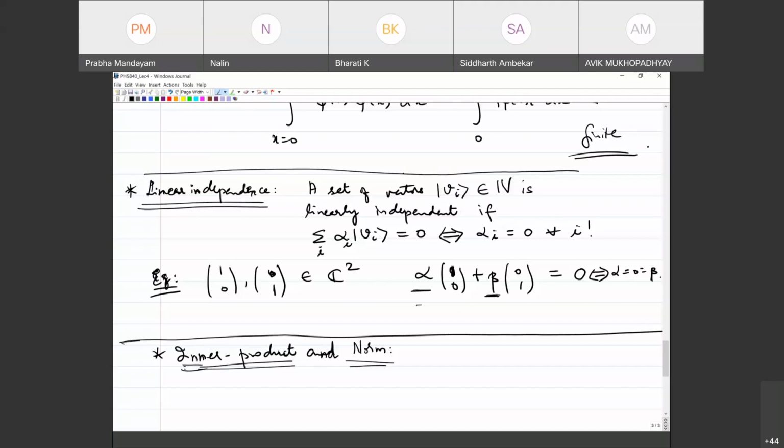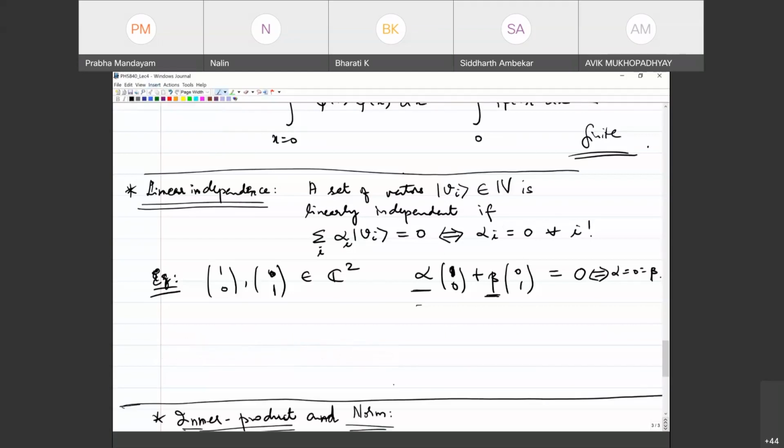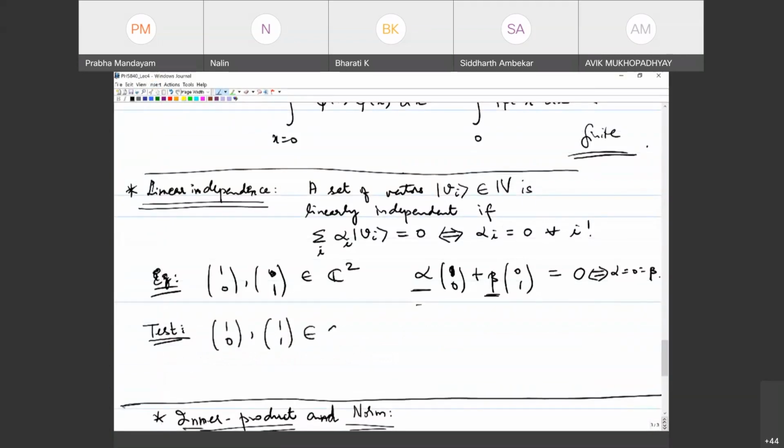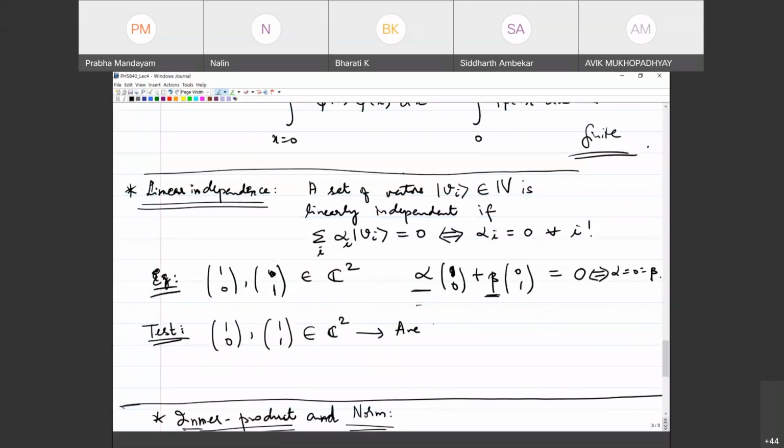But let me give you one more example. Here's a quick test for you. You can answer me by the end of this class. Consider these two vectors, (1, 0) and (1, 1), belonging to C2. With two vectors, it's maybe hard to say this, so let me put in a third vector. Let me give you this set of three vectors. Are they linearly independent?